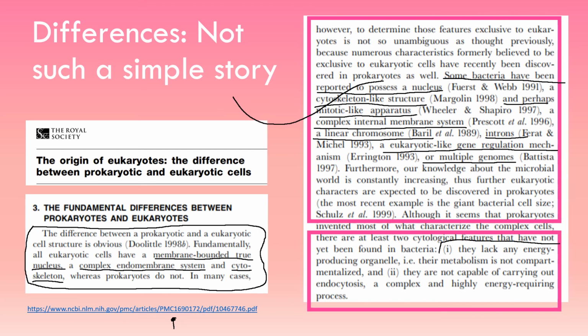They lack any energy-producing organelle, and they are not capable of endocytosis, which we've talked about. So I just thought I'd throw this in at the end there to try and open your minds, really. Sometimes the textbooks can be out of date, or they don't present the whole picture. And it's down really to us and to you independently to read into the subject and find out what you can, because sometimes it's not as crystal clear as you might think.